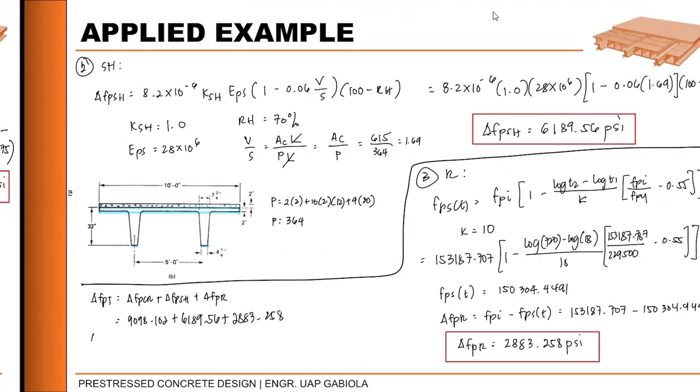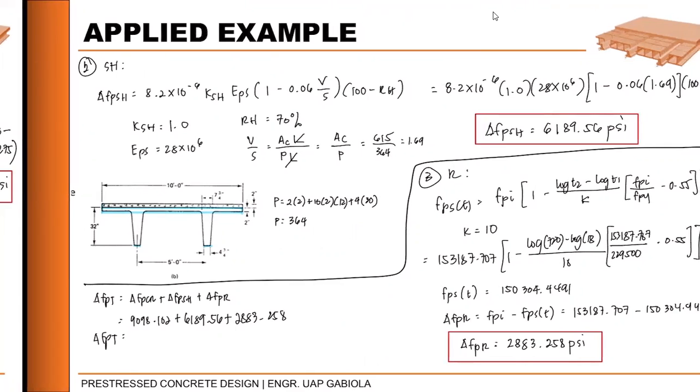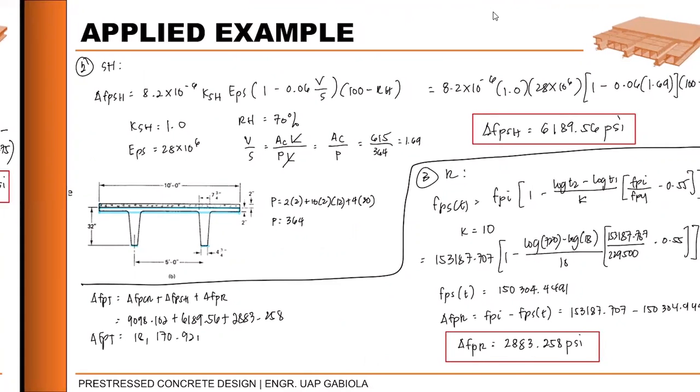Okay? So, total losses natin is 18,170.92 PSI. Okay? The total losses for stage 2.